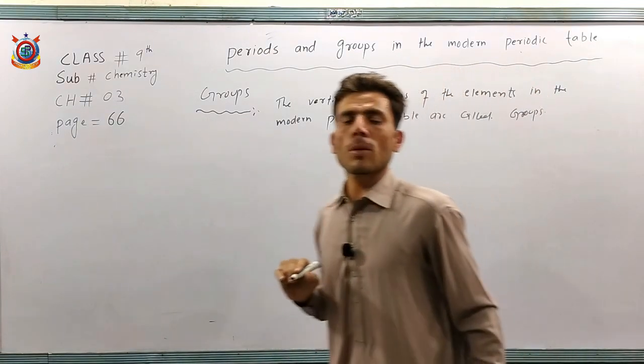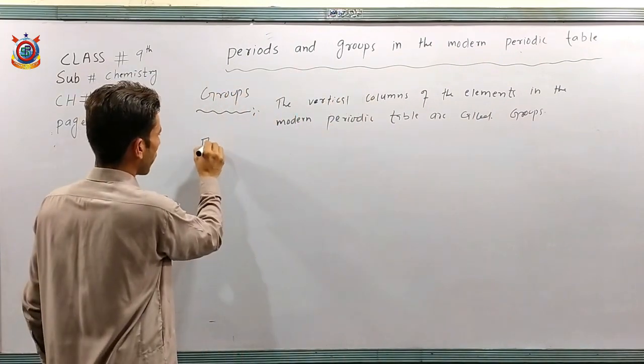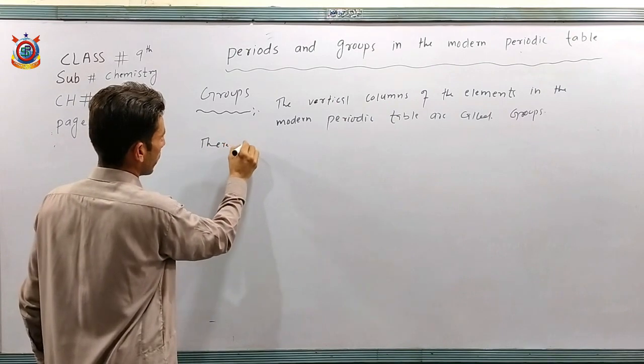How many groups? There are 8 groups in the modern periodic table.